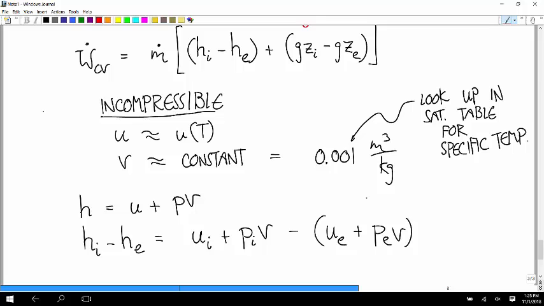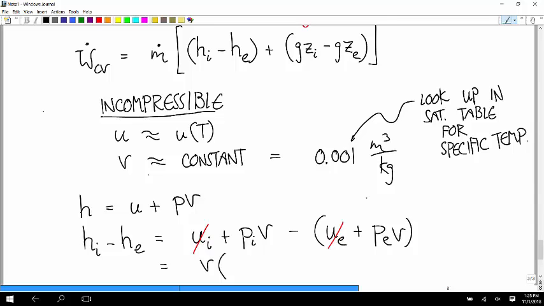You can see that since we're operating at a single temperature, u_i and u_e cancel each other. And you just get that this is equal to the specific volume that's shared at both states times the change in pressure.